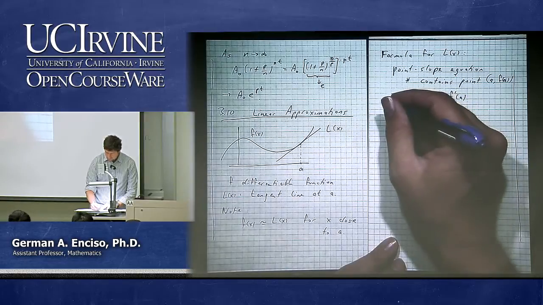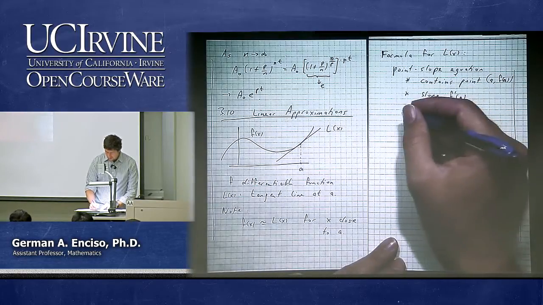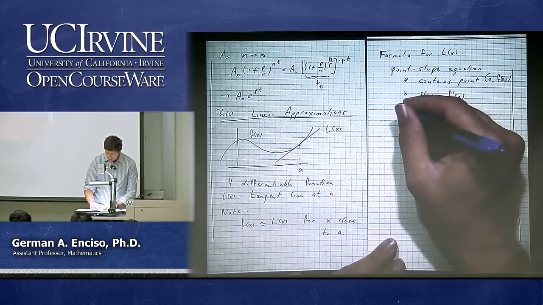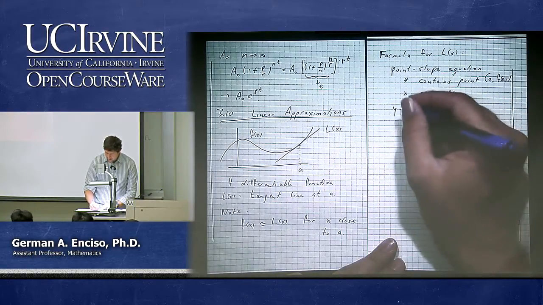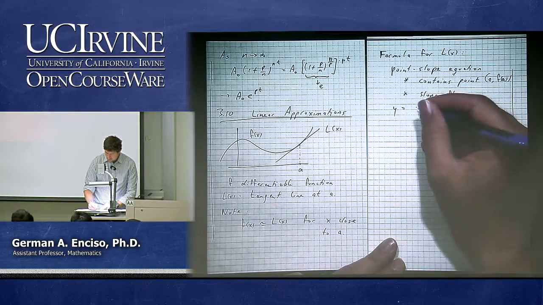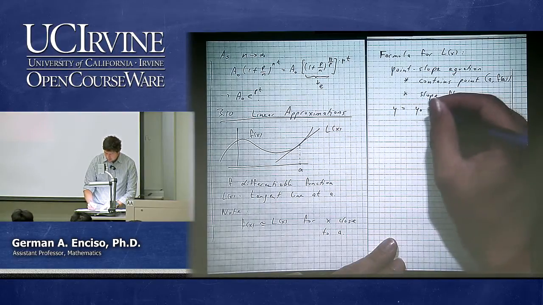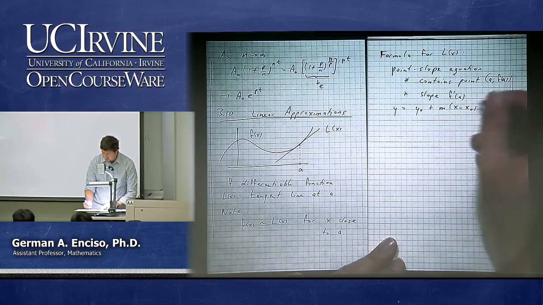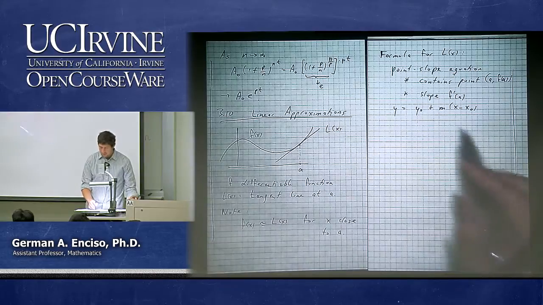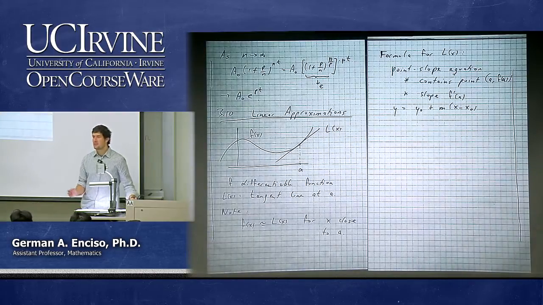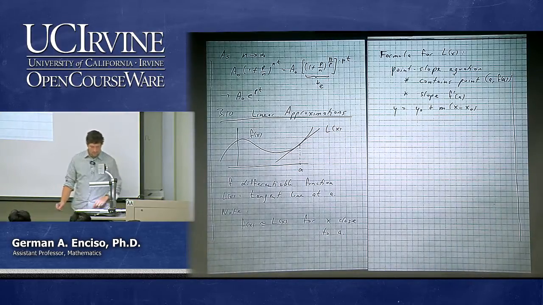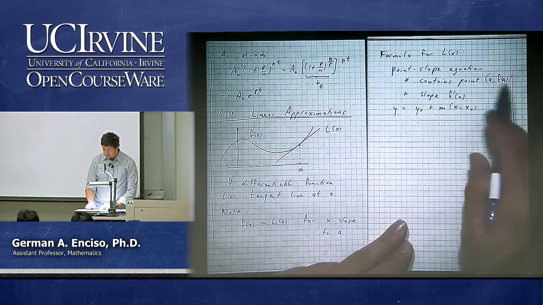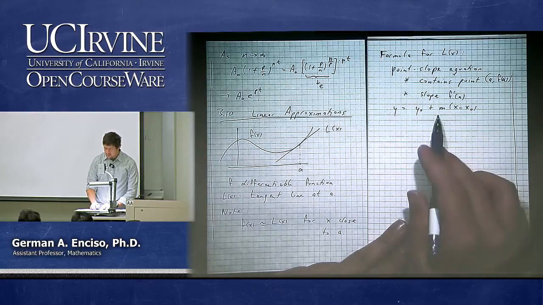Great. You should know this formula by now because we've used it a few times. The point slope formula says y is equal to y0 plus m times x minus x0. Before we used to write it the other way around, m times x minus x0 plus y0. It's the same thing, where x0 and y0 are the point that the line goes through, and m is the slope.